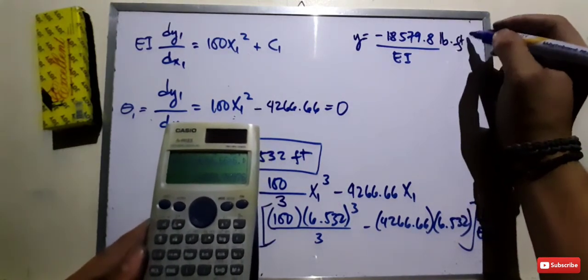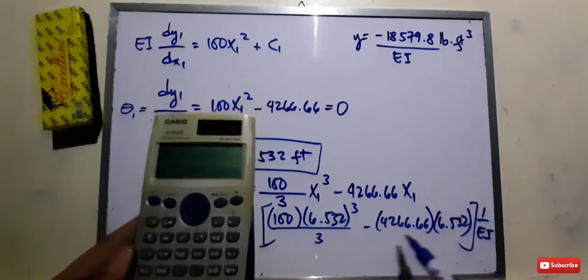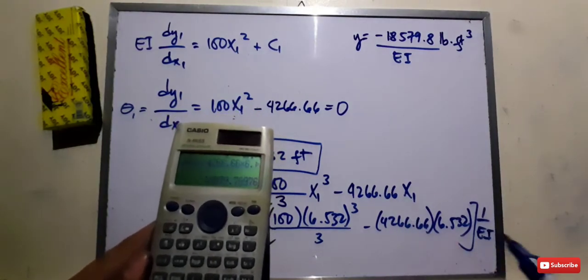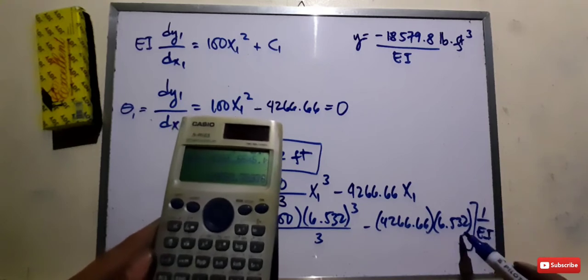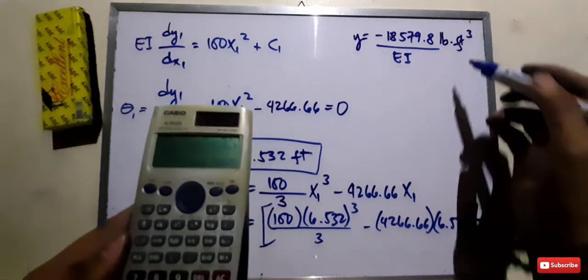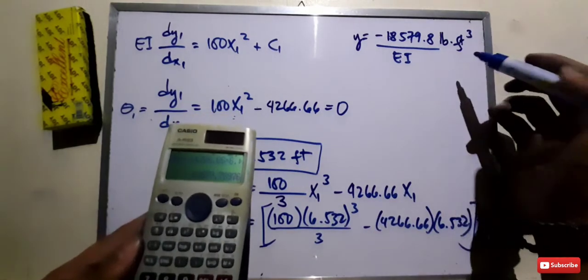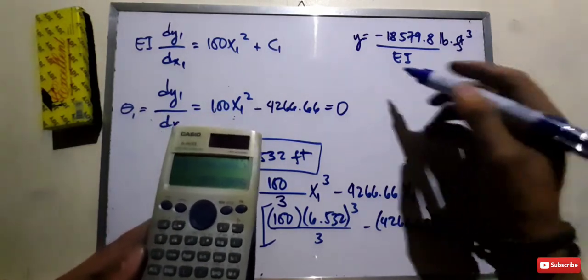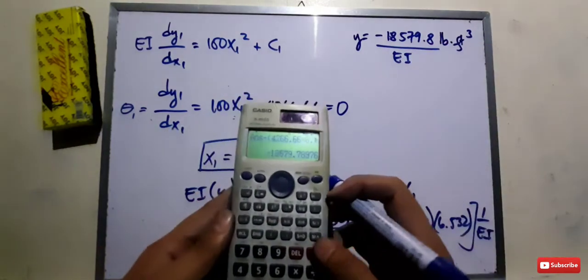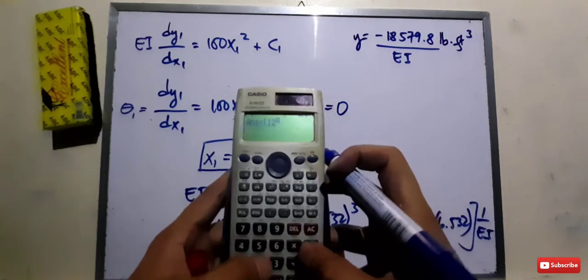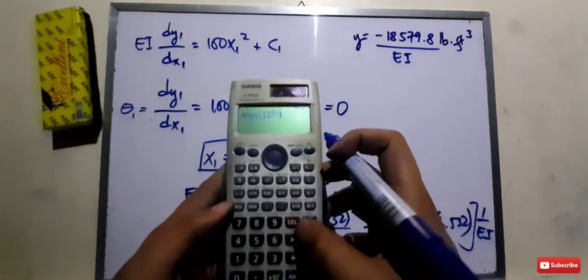feet cube. No, kasi yung C1 natin is naka pounds feet square times feet, so feet cube. Ito naman ay naka x cube, so feet cube. So kailangan natin i-convert yung feet into inches. So ito times natin siya ng 12 cube. Tama ba?